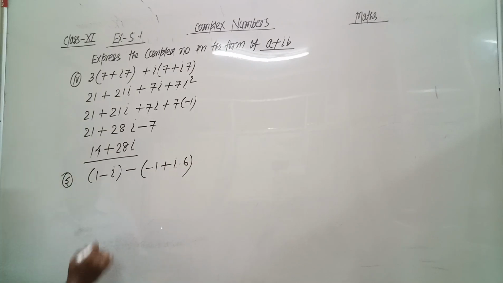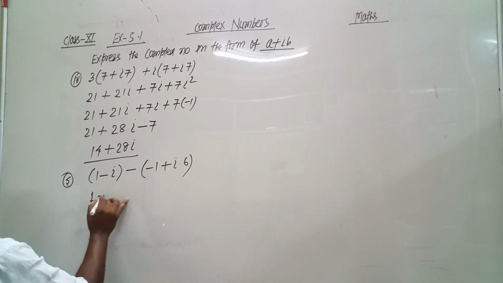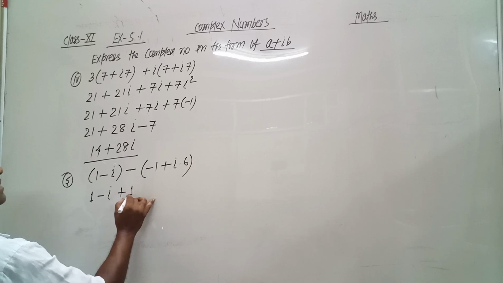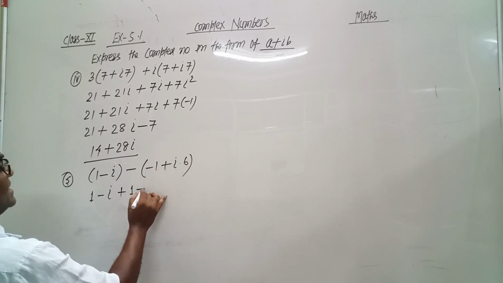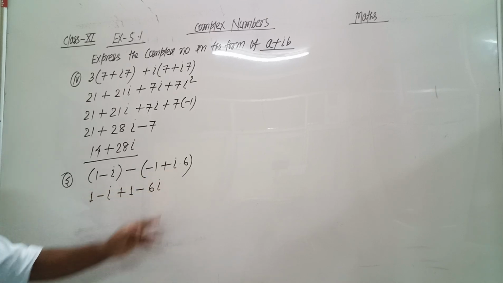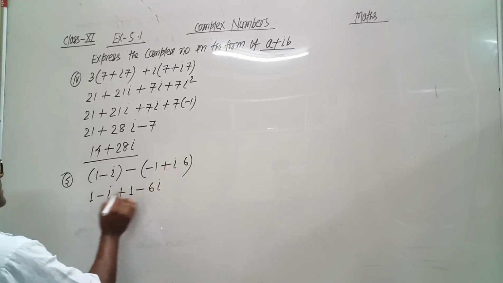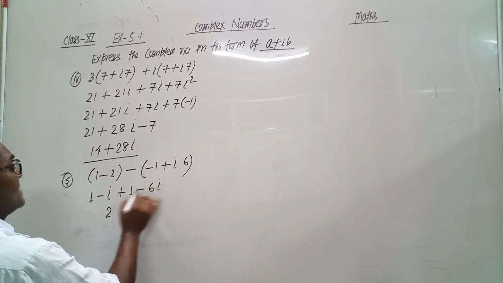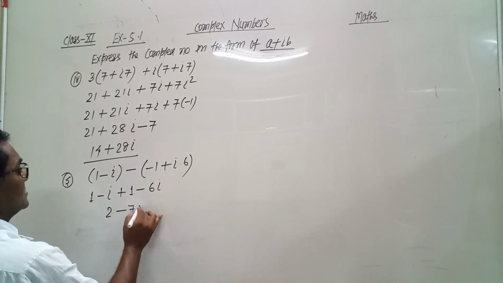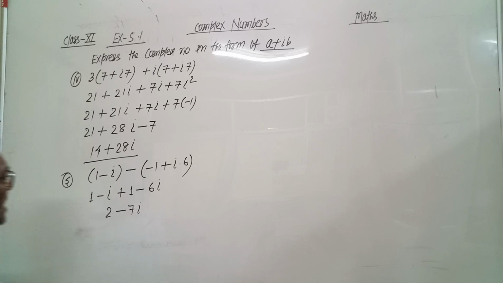So we remove the brackets: 1 minus i plus 1 minus 6i. i into 6 is also written as 6i. So 1 plus 1 is 2, and minus i minus 6i is written as minus 7i.